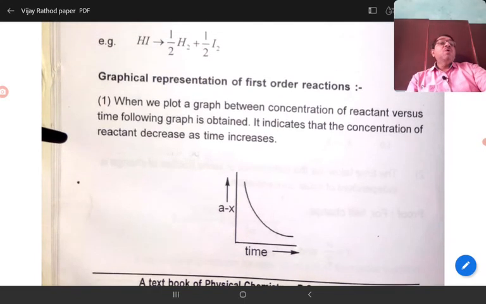So when we plot a graph between concentration of reactant versus time, the following graph is obtained. Here it indicates that the concentration of reactant decreases as time increases. The curved nature of this graph is represented here.